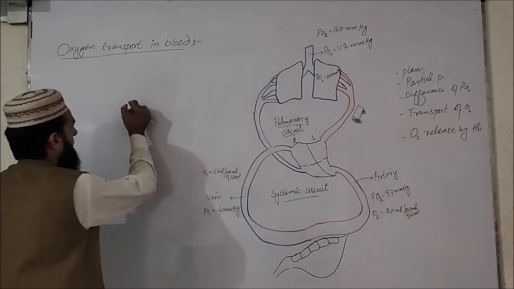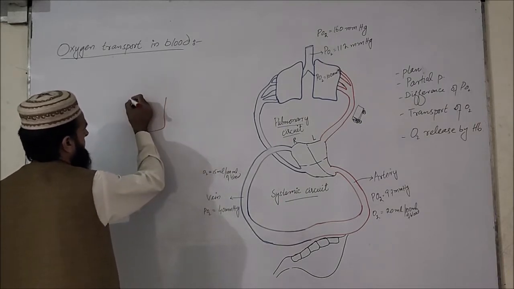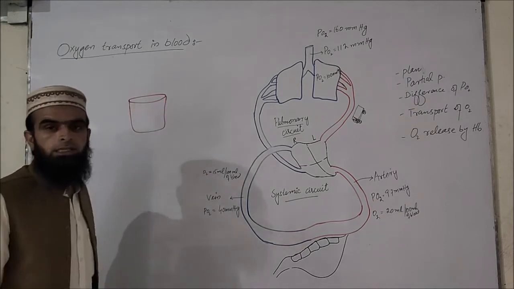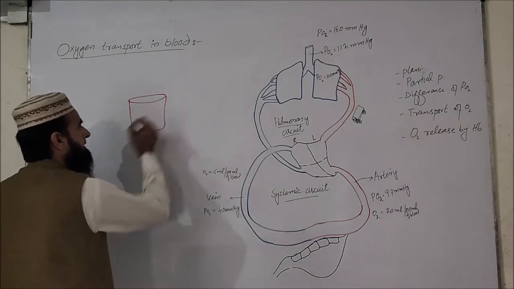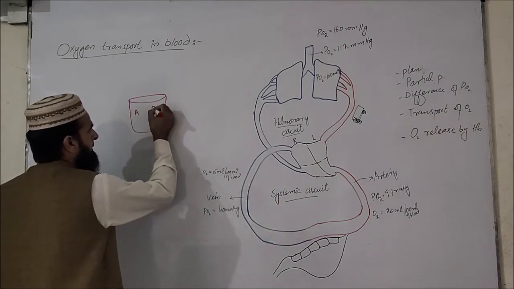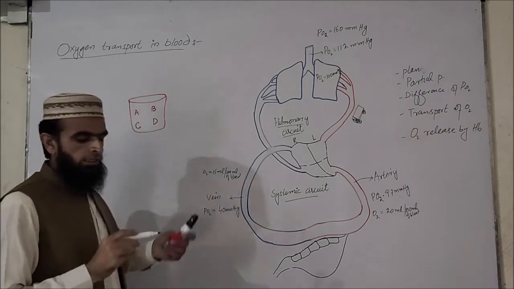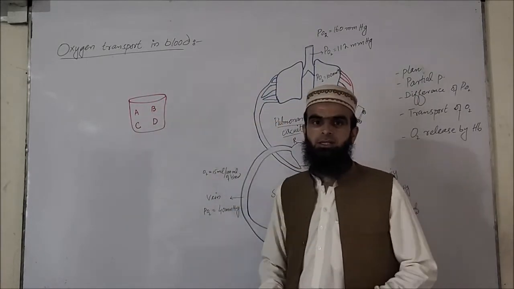For example, if we have a beaker or any container, there are different kinds of gas molecules inside this container: gas molecule A, gas molecule B, gas molecule C, gas molecule D. There are 4 kinds of gases inside this container.